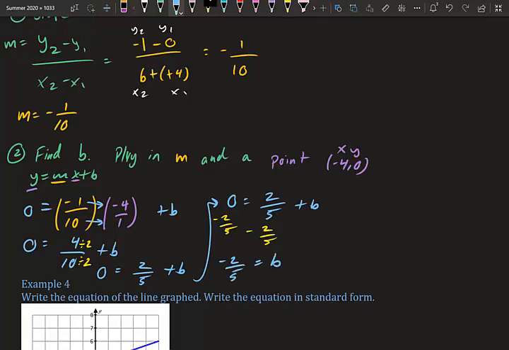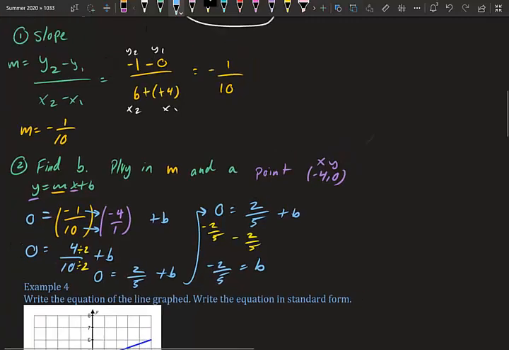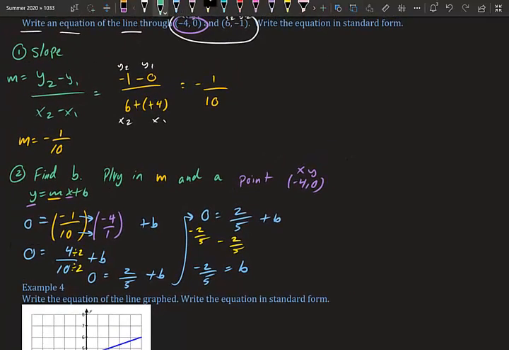Awesome. Now that we found our b, our third step, we're going to plug in m and b into y equals mx plus b.